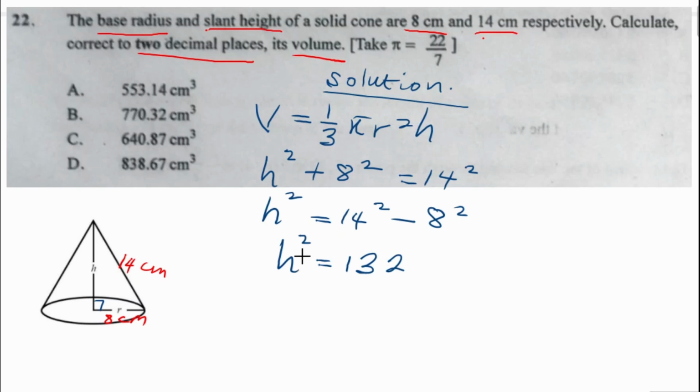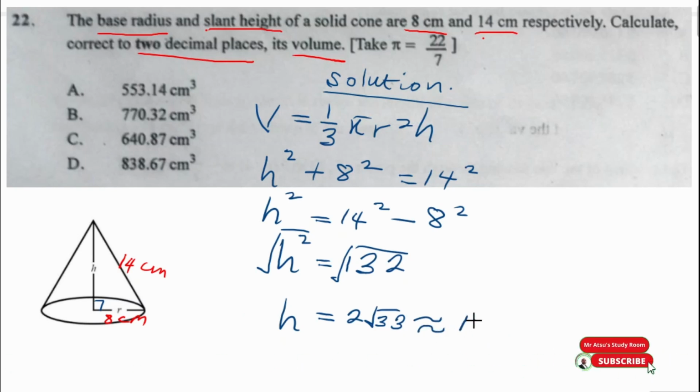And how do we solve for h? By taking the square root of both sides, and h becomes 2 root 33, which is approximately 11.49 centimeters. So we now get this as the height of the cone.